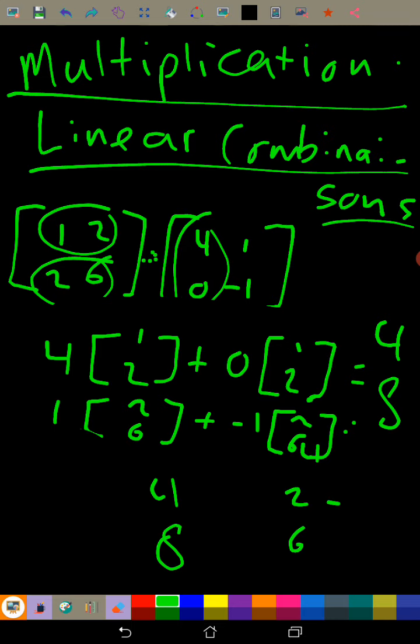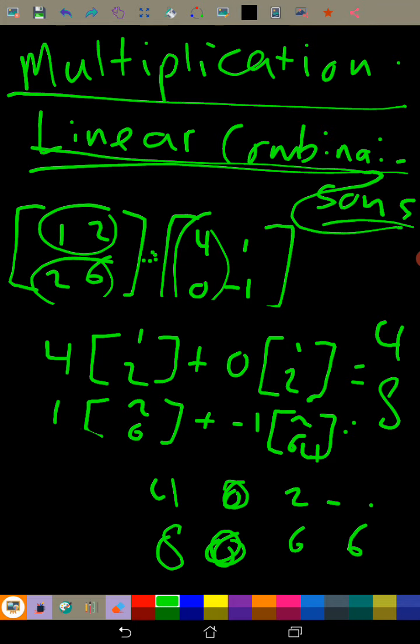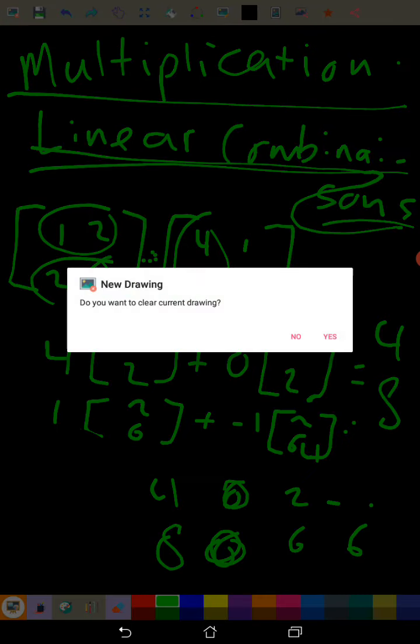It's going to be 0 then. 0, 0. Looks interesting. Yeah, it's probably 0, 0. But this is called linear combination. Not really good at it.